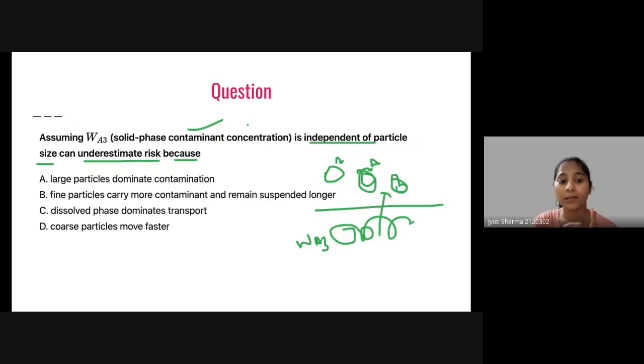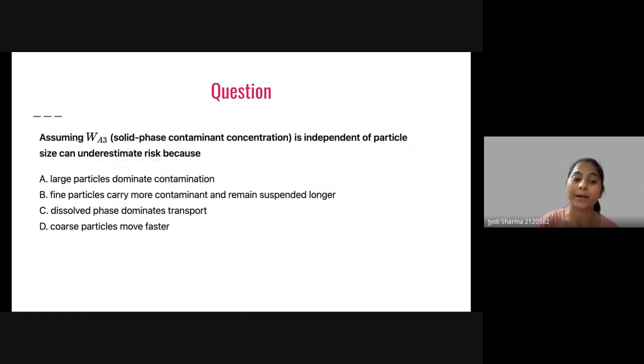So if we are calculating the solid phase contaminant concentration, we also have to take into consideration the particle size. Okay, and that's how we can go to the resuspension and the turbidity part. So we have to take into consideration the particle size.